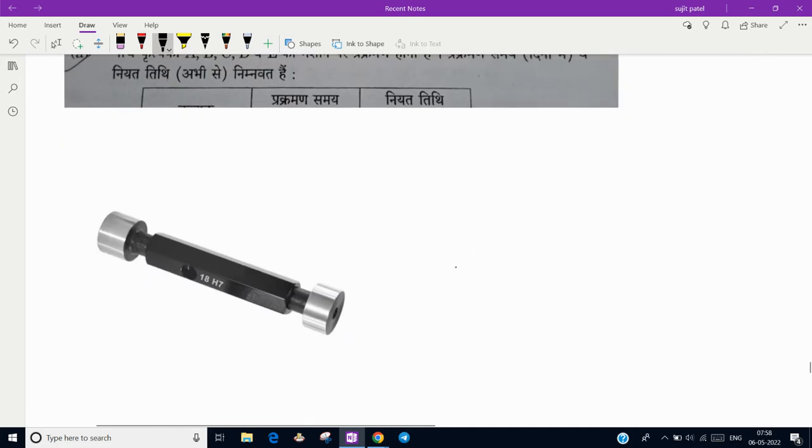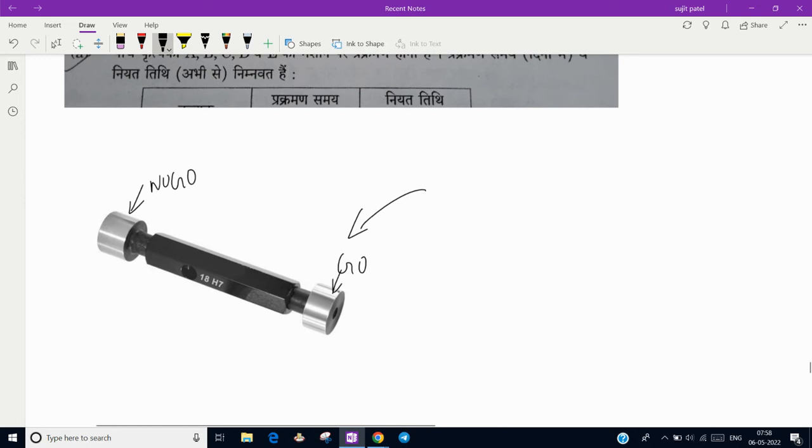So first of all, let me show you how this gauge looks. This is the gauge for checking the holes, and these two sides, this is the go side and this is the no go side. So this go side goes in the hole to check whether the size is correct or not.